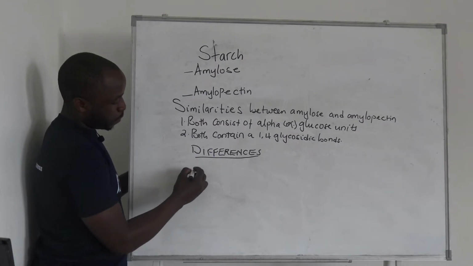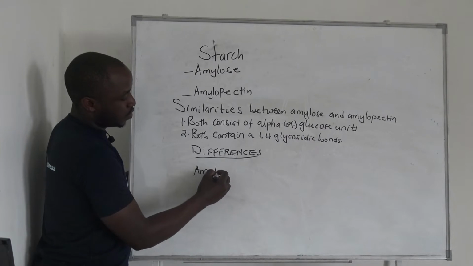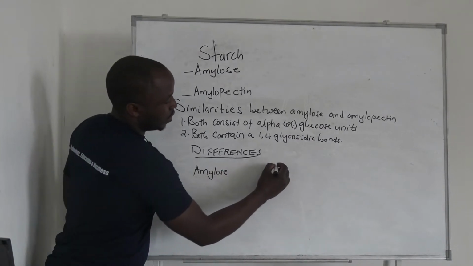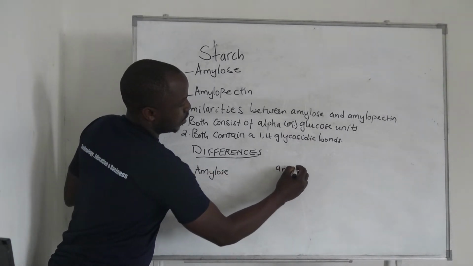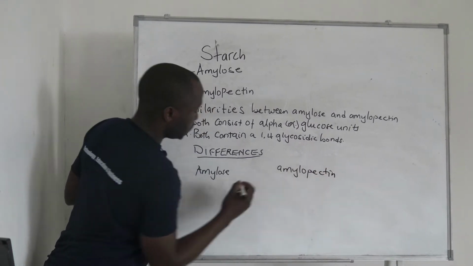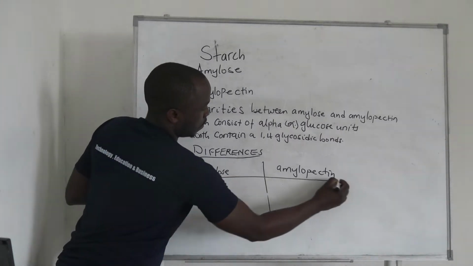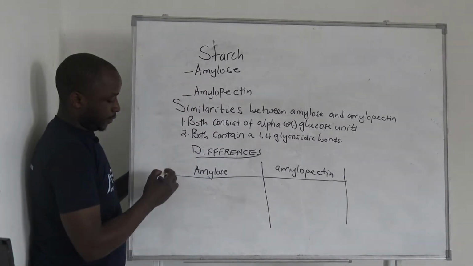If we tabulate them, we put amylose on one side and amylopectin on the other side.